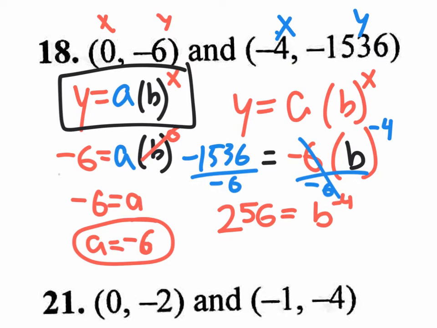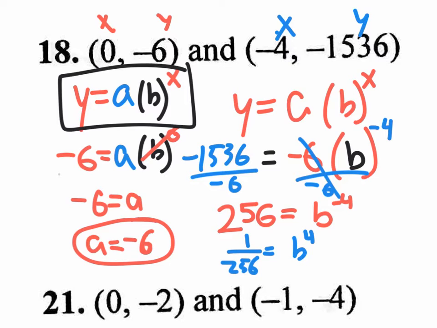So you get 256, and at this point, that -4 is throwing me off, yeah? So what you could do is change it to a +4, as long as you change the other side by doing the reciprocal. Does that make sense? So you could make this a 1 over 256 equals b to the +4.